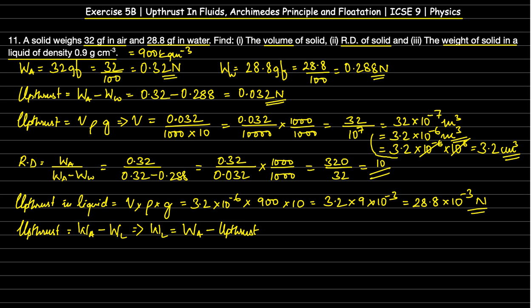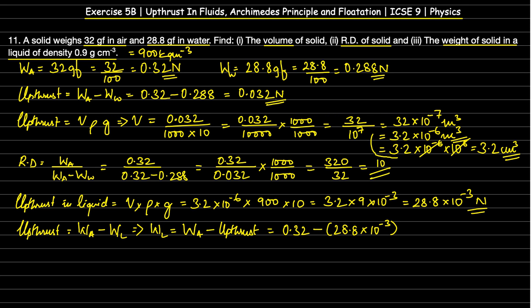Now weight in air, we know it as 0.32 newtons. So we can write this as 0.32 minus 28.8 into 10 to the power of minus 3.